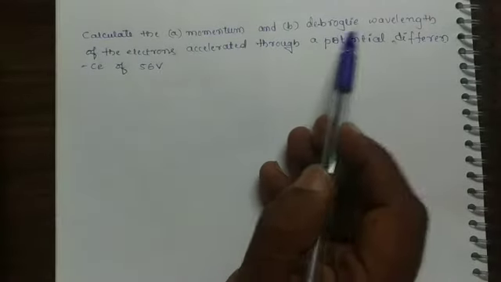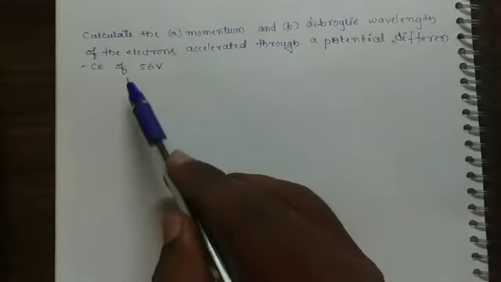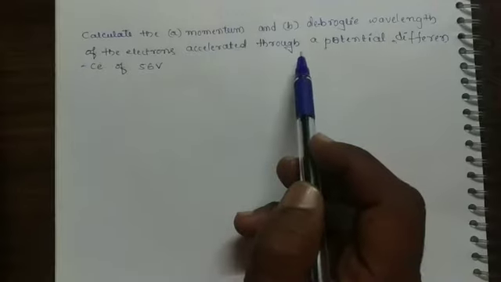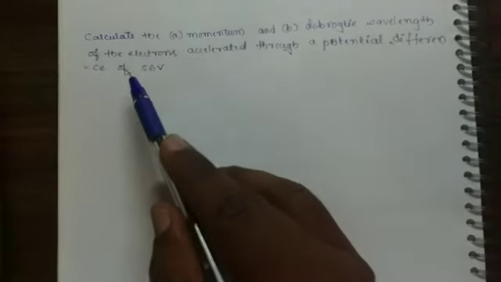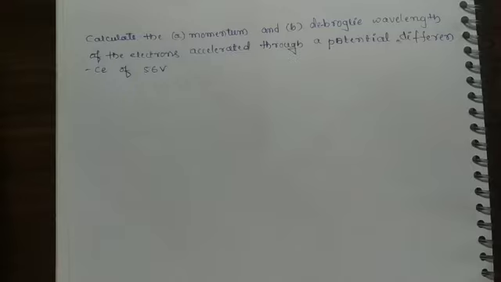Problem: calculate the momentum and de Broglie wavelength of the electrons accelerated through a potential difference of 56 volt. Here we want to calculate one, the momentum, and another, the de Broglie wavelength of an electron accelerated through a potential difference of 56 volt.